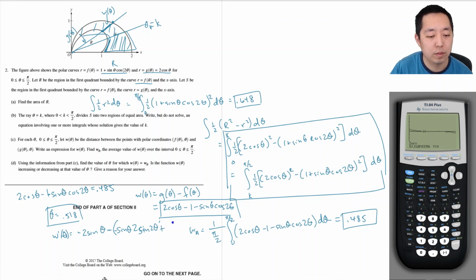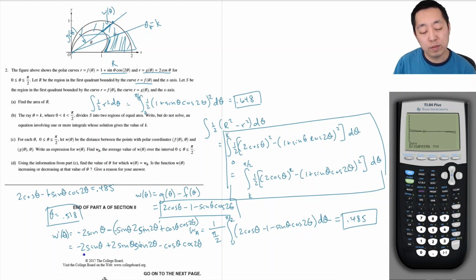Plus the derivative of sine theta, which is cosine theta, cosine 2 theta. Okay, so that's minus 2 sine theta plus, this negative cancels with that, plus 2 sine theta sine 2 theta, and then minus cosine theta cosine 2 theta. So if the derivative is positive, then it's increasing. If the derivative is negative, it's decreasing.